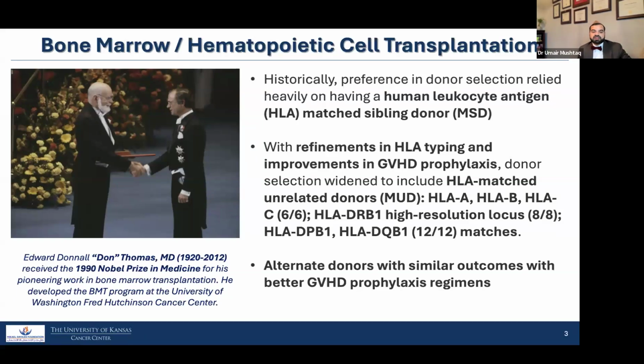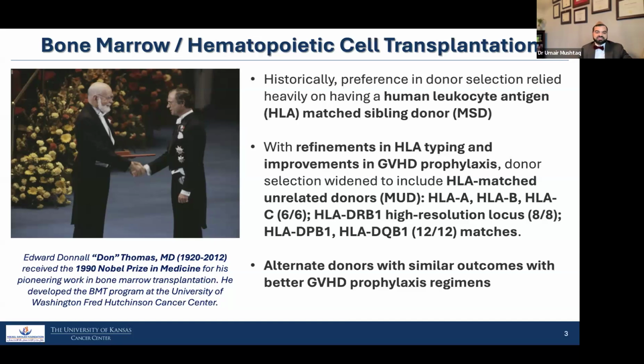It started with the use of a matched sibling donor, a human leukocyte antigen (HLA) identical matched sibling donor as the graft source. Quickly, they learned that there are two main problems. One is relapse of the primary disease, especially malignant hematologic disease. And second, what was called foreign bone marrow disease, or graft versus host disease.